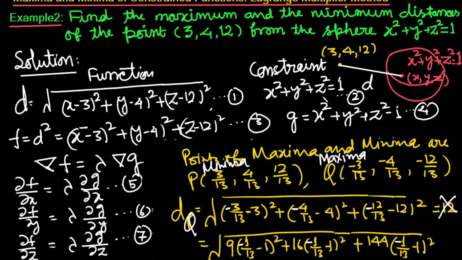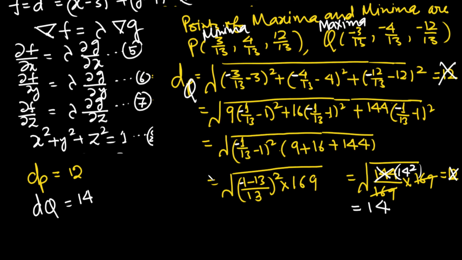The point nearest to 3, 4, 12 is point P. So Q is the point of maxima and P the point of minima for this distance function. The maximum value is the value of the distance function at Q, and the minimum value is its value at point P, which we have already calculated.